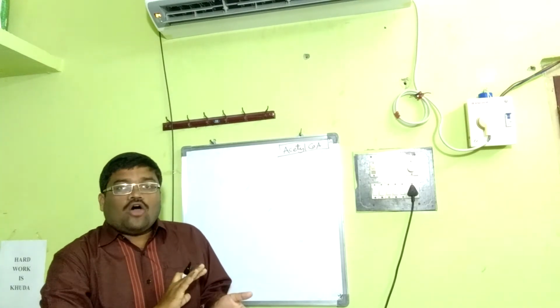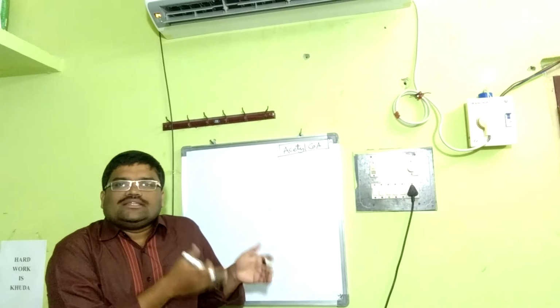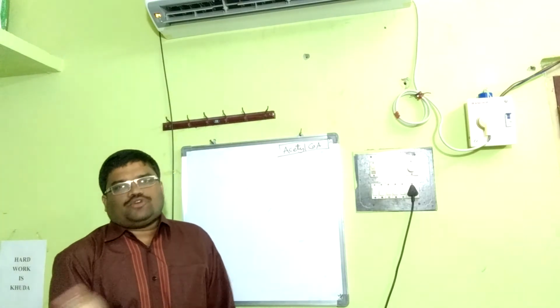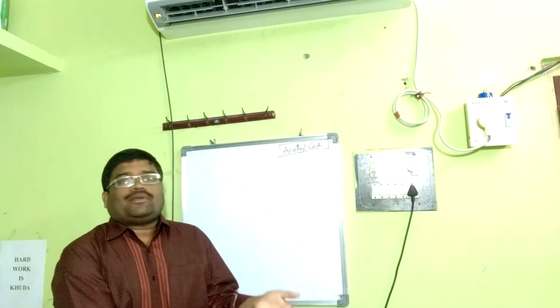So it's like oxidation of fatty acids. How this acetyl coenzyme A will enter into the Krebs cycle and ultimately lead to energy production, that means oxidation to carbon dioxide and water.